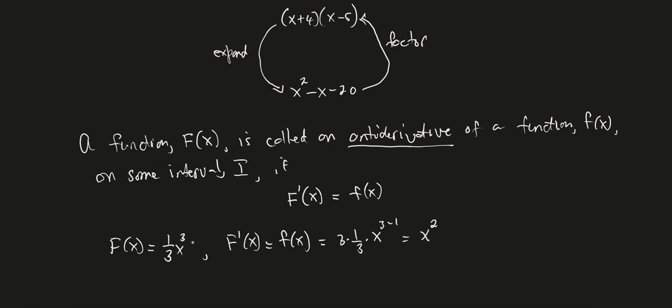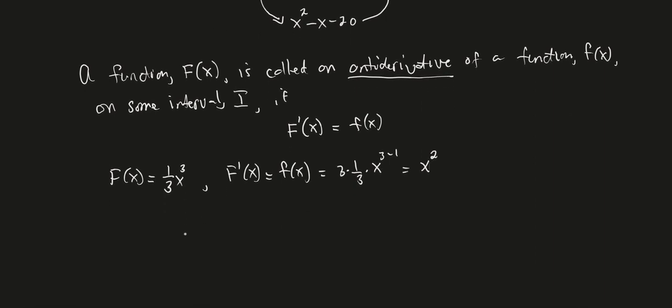In fact, let me put a subscript here. So let's say f1 there, f1 there. There we go, right? So what we can say is this function f1 is an antiderivative of this function x squared. So therefore, we can say 1/3 x to the third power is an antiderivative of x squared.